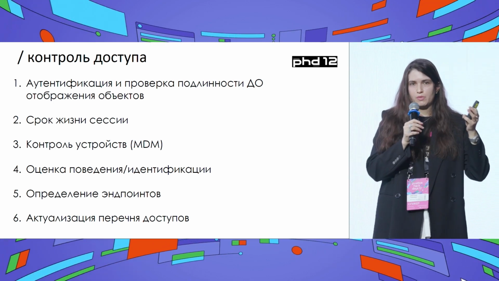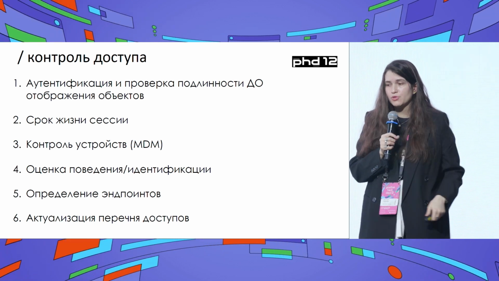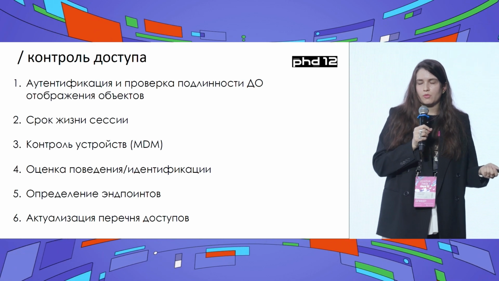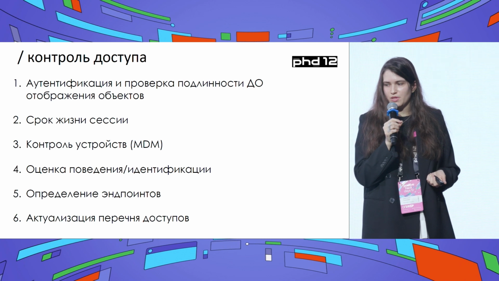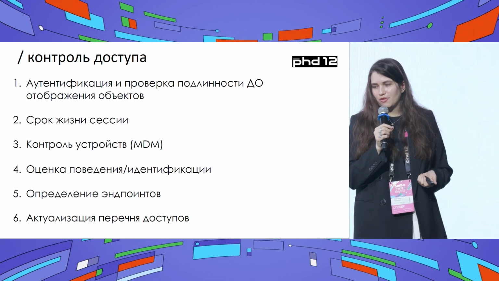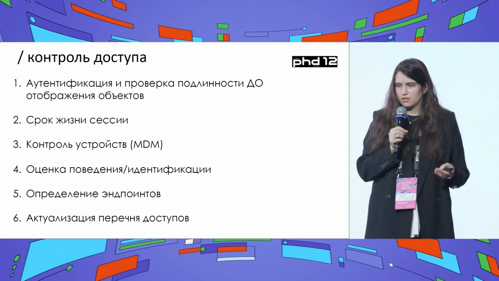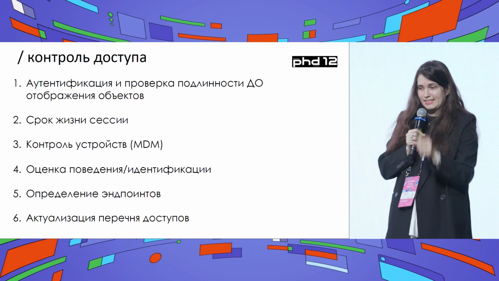Next, it's to identify endpoints. Where do people come from in terms of users? We want to have a general understanding of where they come from. I'm not talking about restricting access to only Russian IPs, not that at all. But understanding the overall picture and overall behavior is something that is recommended.